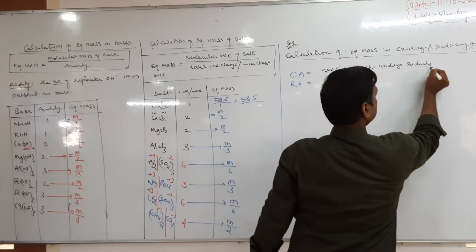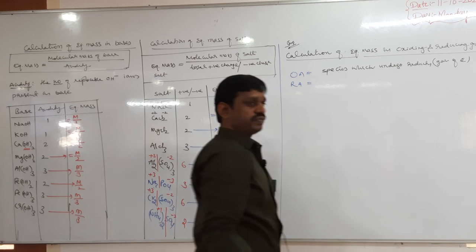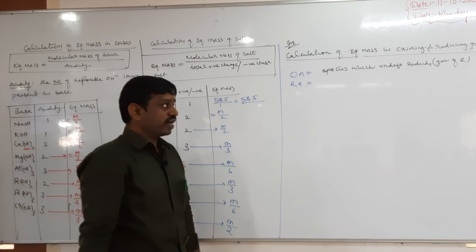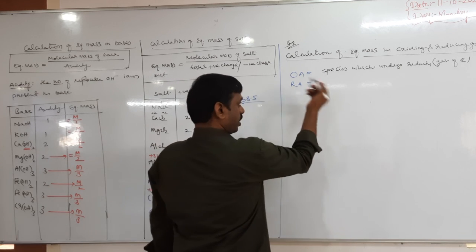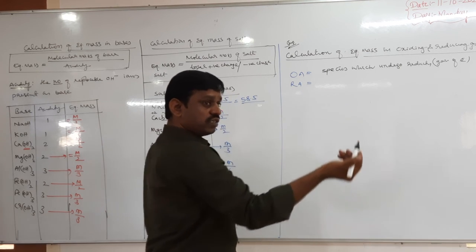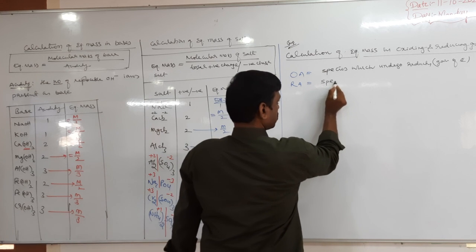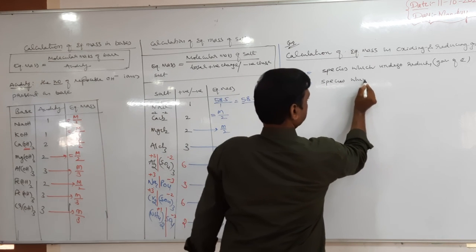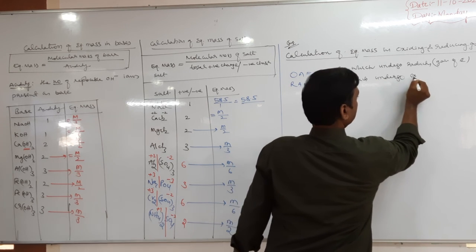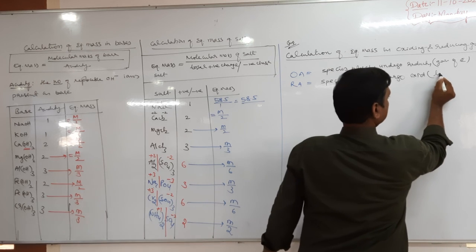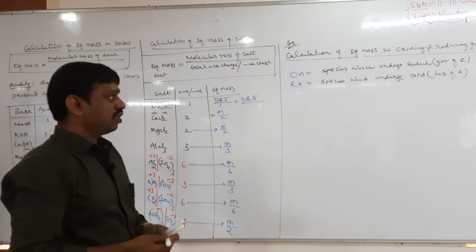It means gain of electron. The species which undergoes reduction, gain of electron, is called the oxidizing agent. Reducing agent is the species that itself undergoes oxidation, loss of electron, called reducing agent.